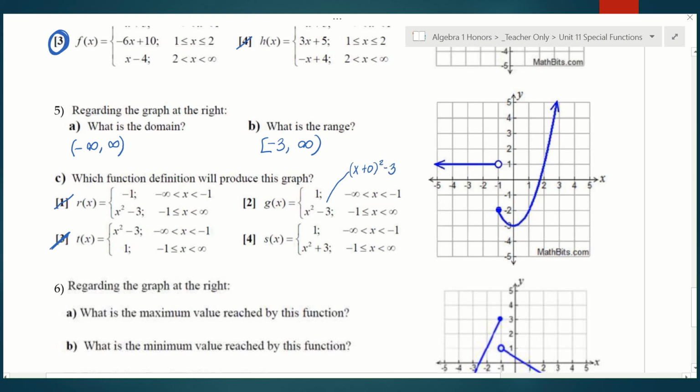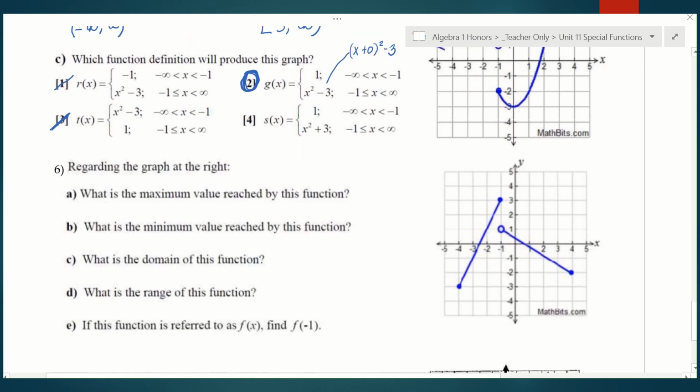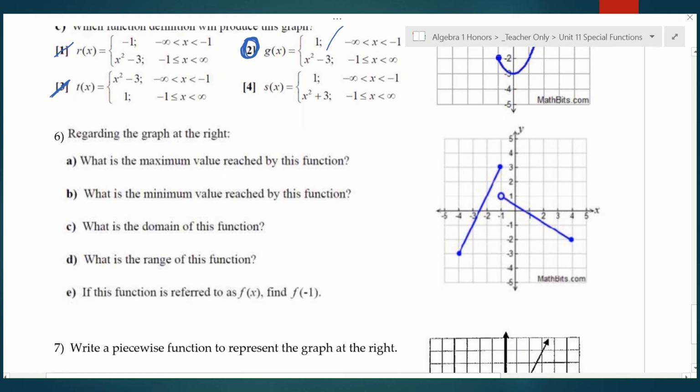And so it means that the vertex of that one is (0, -3), which is true based on the graph that we have there. So this has to be the correct one. In choice 4, the vertex of that graph would be (0, 3), which is not the case. Okay? So all the things that we learn are coming back to help.